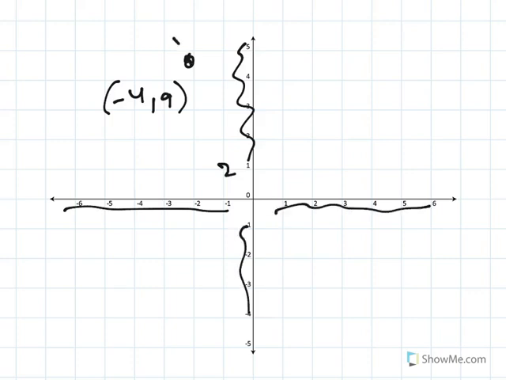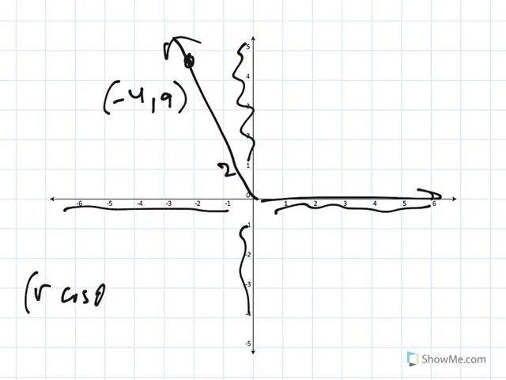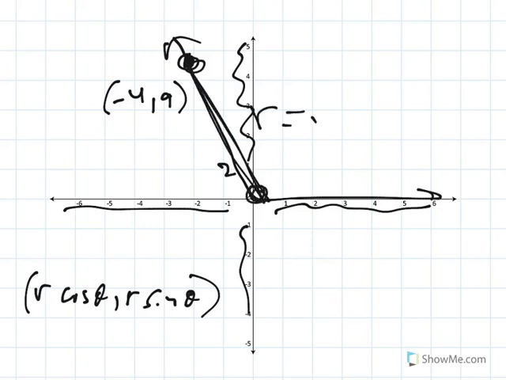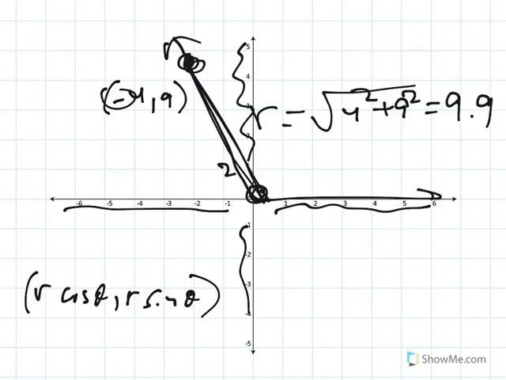Now, my answer is going to look like this: r cosine theta, comma r sine theta. But the question is, what's r and what's theta? Well, r is the length of this line segment, so it's going to be the square root of 4 squared plus 9 squared. We don't even have to worry about this negative sign because these are like distances, and we get about 9.9 for that rounded.